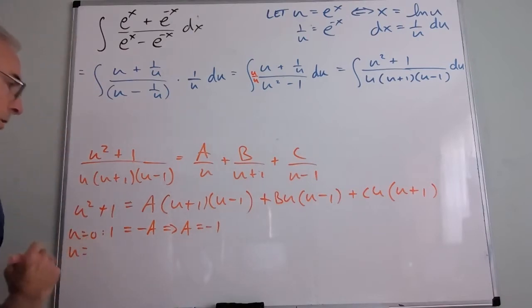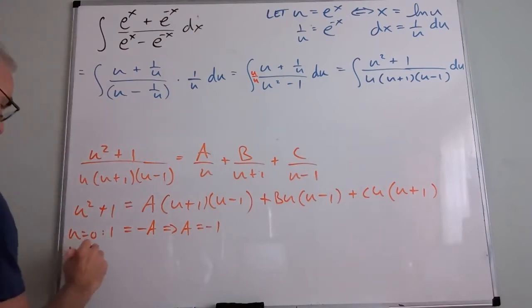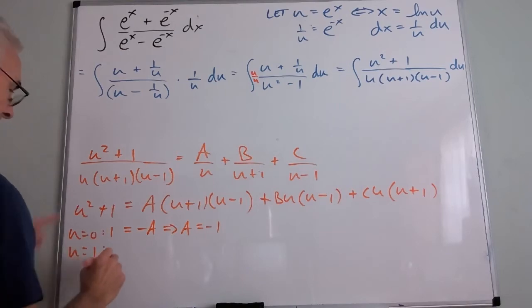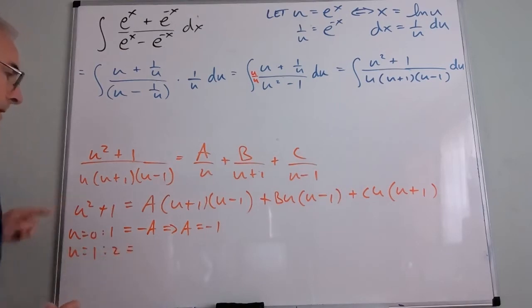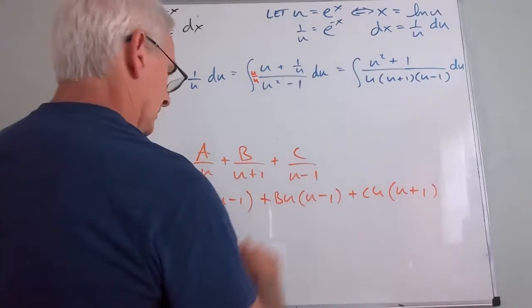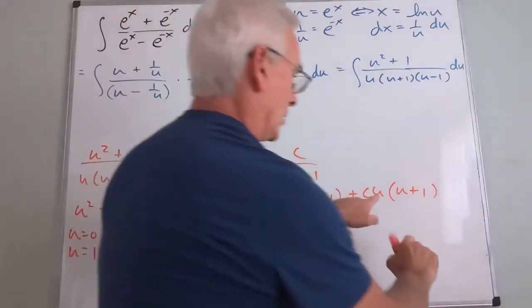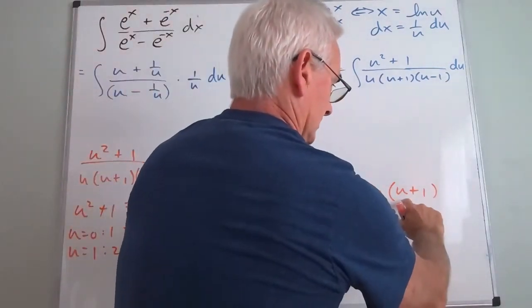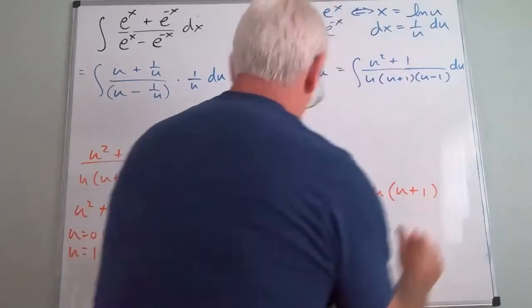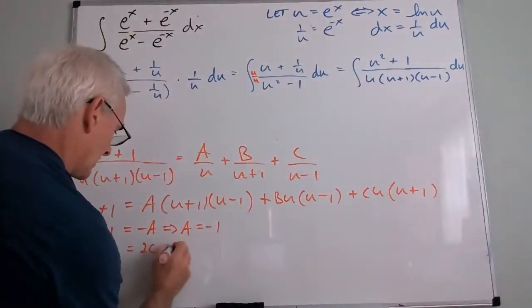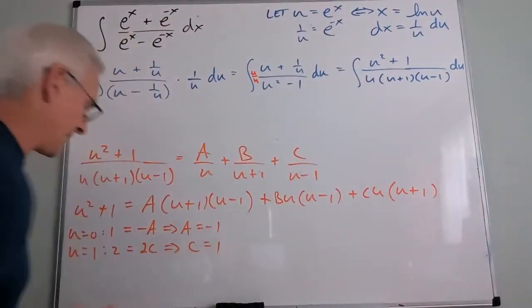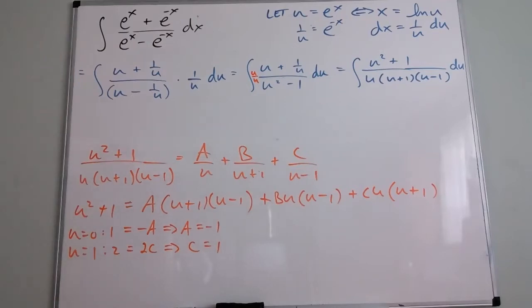Let's pick u equal, how about positive 1? Then my left side is 2. If u is 1, then 0, 0, 1 times 2, so that'd be 2c. Wow, I'm kind of happy with what's happening so far. We don't even have fractions. Most of the time, I would just expect fractions.